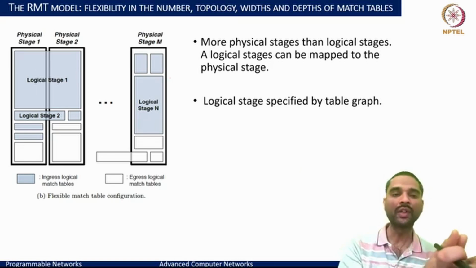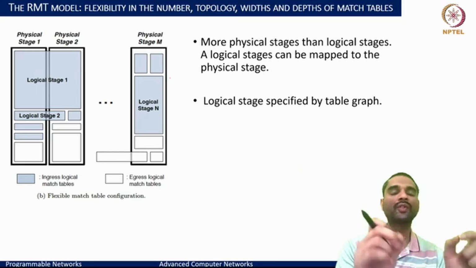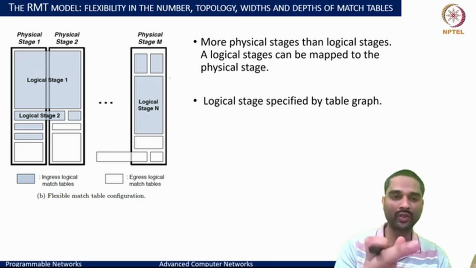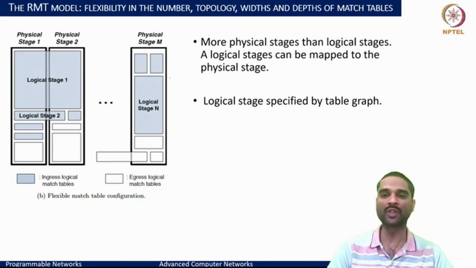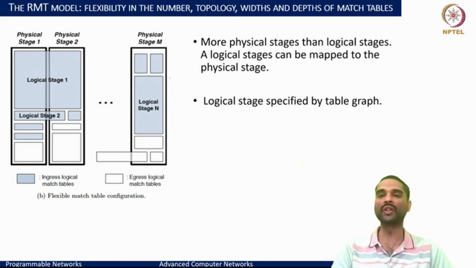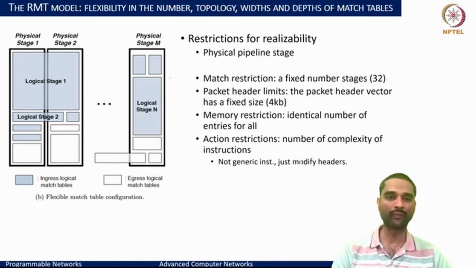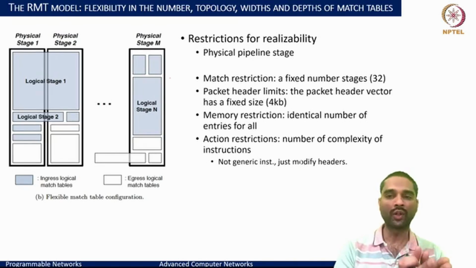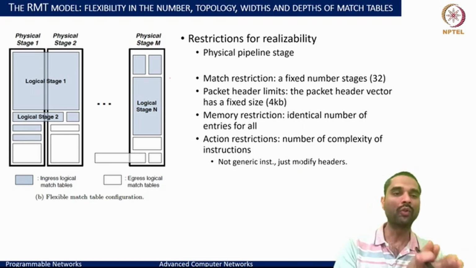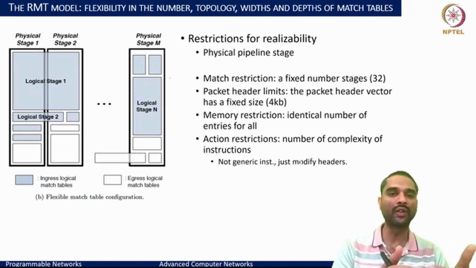So here, in essence, each logical stage binds a state machine with which you are parsing and taking specific actions, not the physical stages. And the logical stage can be mapped to multiple physical stages. And when we want to do this, and your hardware has a fixed number of stages, how would you want to define on the logical side?